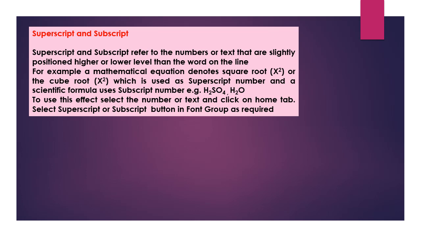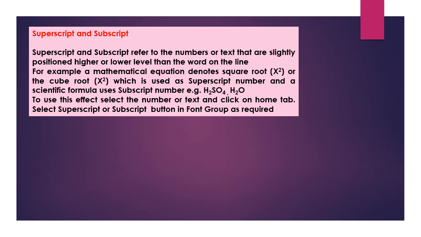Superscript and subscript. Superscript and subscript refer to the number or text that are slightly positioned higher or lower than the word on the line. For example, a mathematical equation denotes square root or the cube root, which is used as superscript number, and a scientific formula uses subscript number.